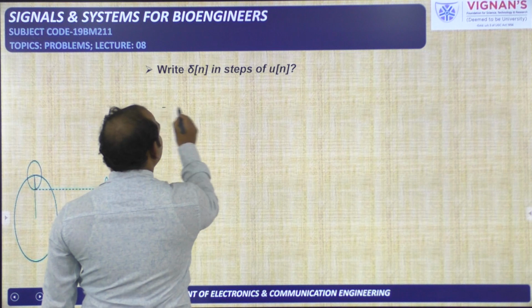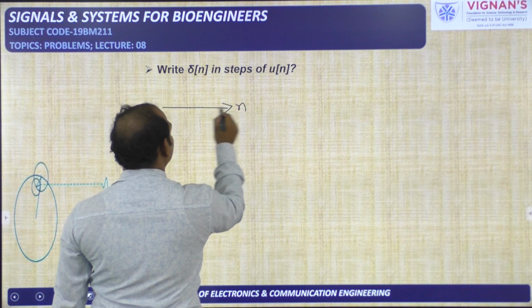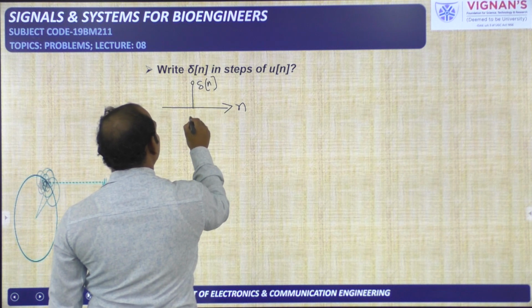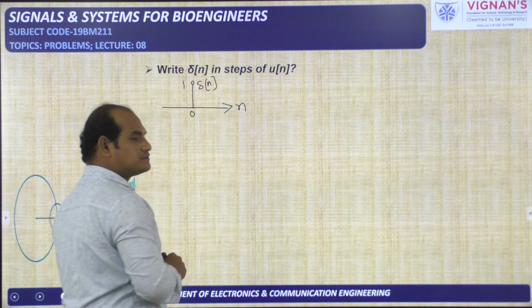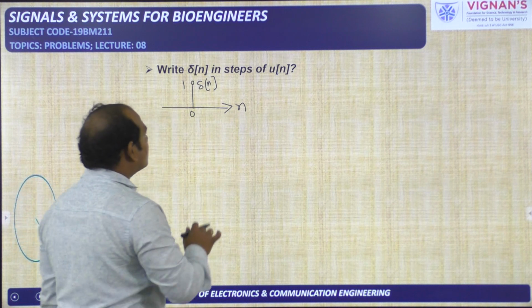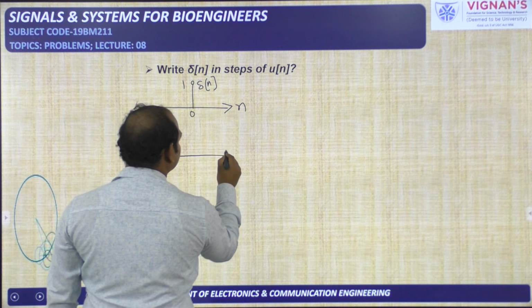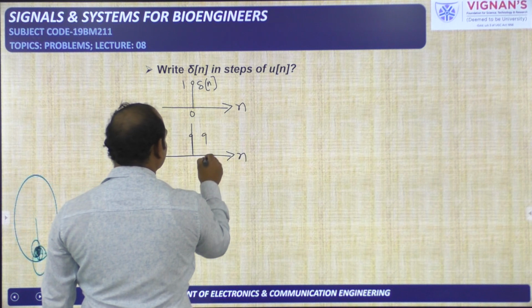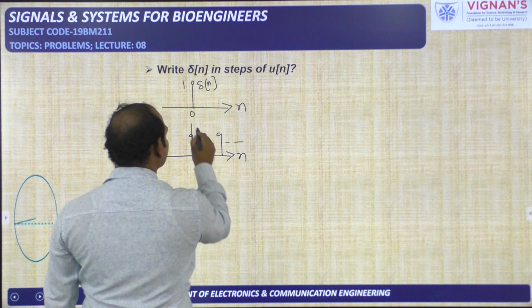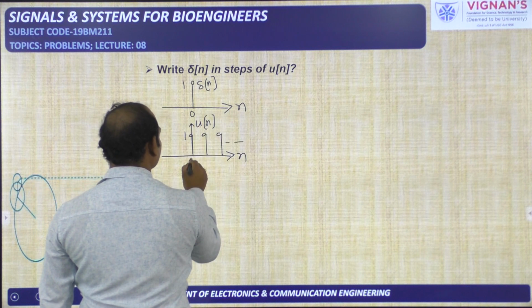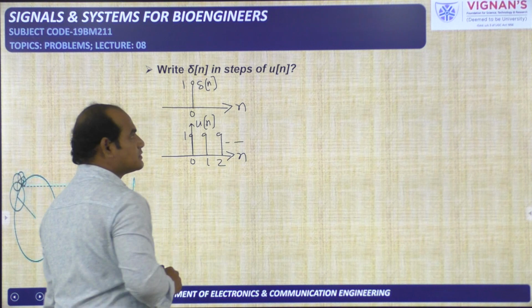Del of n, how is it available? This is del of n with amplitude 1. At n is equal to 0, amplitude is 1, that is del of n. And this is u of n.